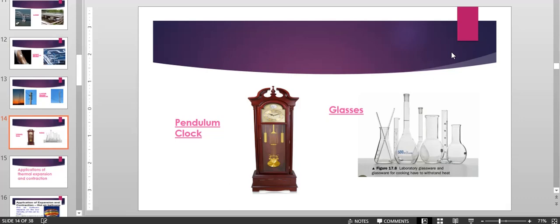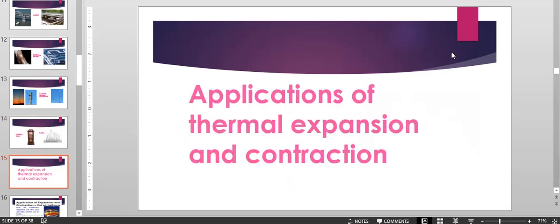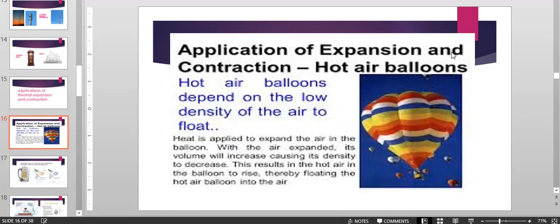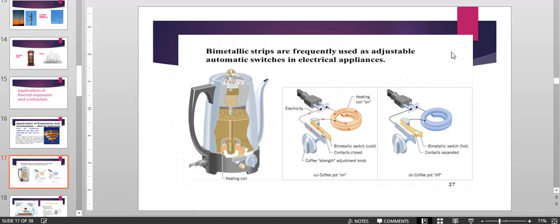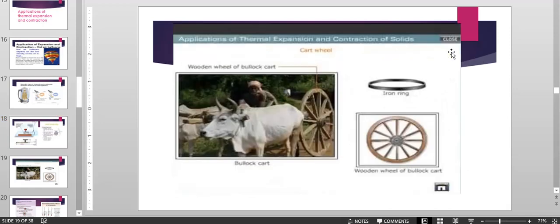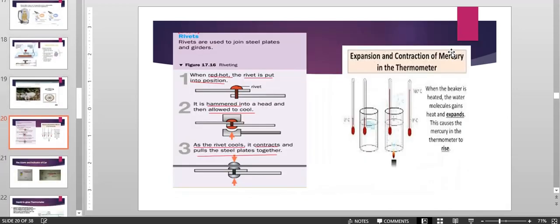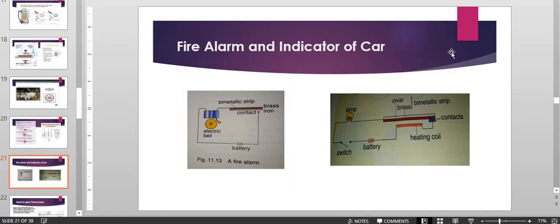So as you can see here, after that, we have discussed the applications of thermal expansion and contraction: its application in the hot air balloon, in the electrical appliances, in the cart wheel, the process of riveting in order to fix or join two steel plates or girders, and in the fire alarm and indicators of a car.